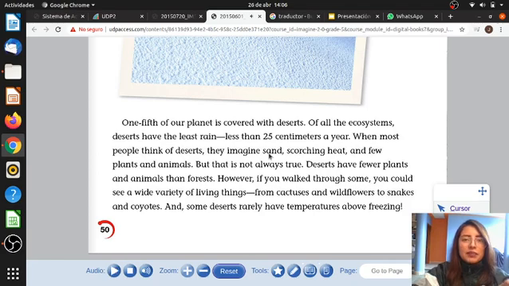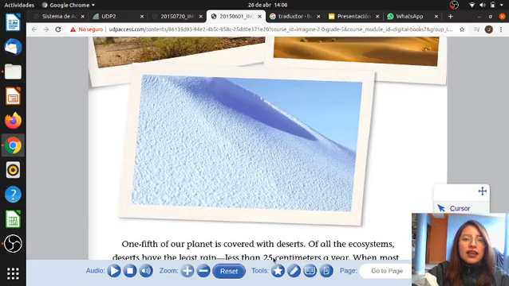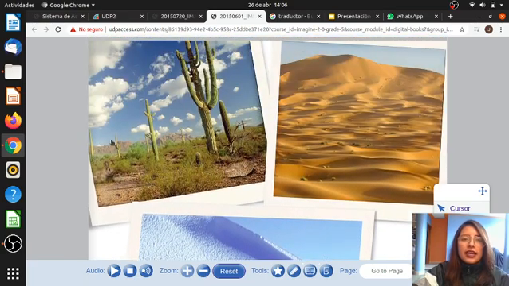Okay, in this part, the main idea of this paragraph is that in the desert you can find a lot of animals and plants. For example, you can find cactus, snakes and coyotes. Okay, cactus, sand. What is sand?